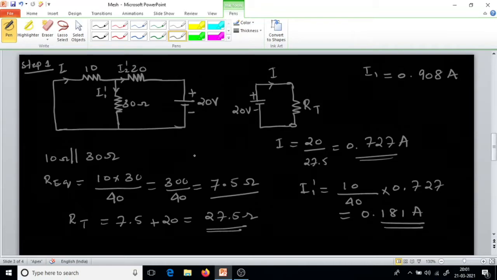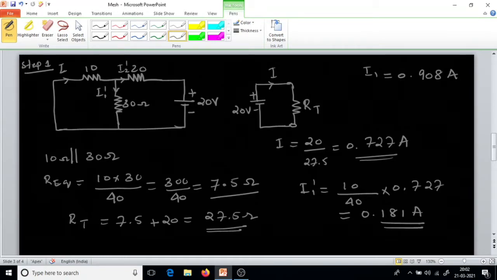Now I1 dash also we got. When both voltage sources are connected, the current direction is in the same direction only. Why? Because current will flow from higher potential to lower potential.